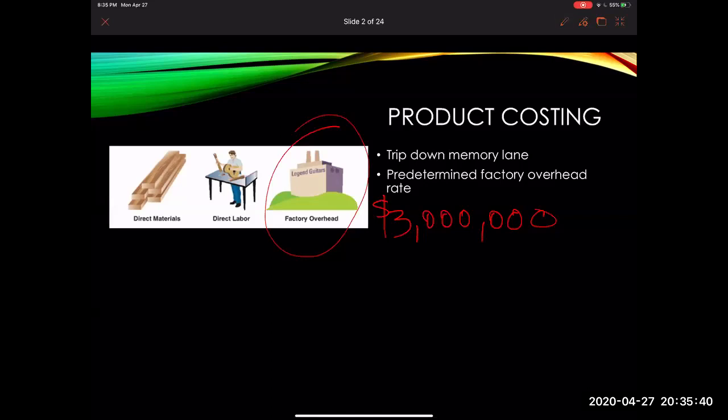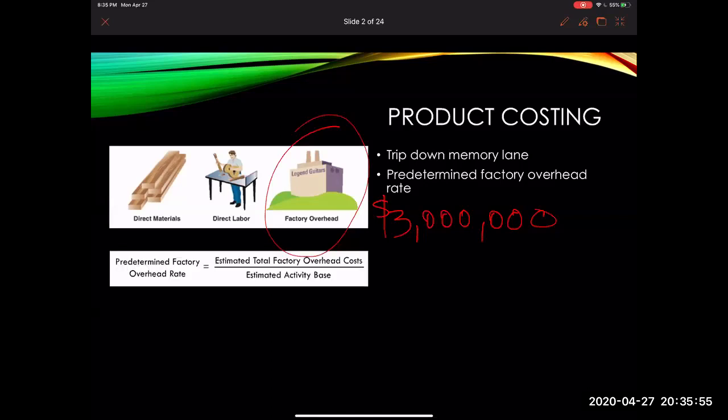If you remember back in chapter 2, we talked about the predetermined factory overhead rate. Hopefully that makes sense, but if not, here's the formula. It is the estimated total factory overhead cost for an entire year, so maybe ours is $3 million, divided by the estimated activity base.